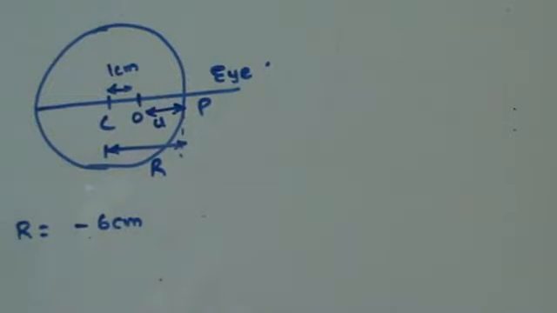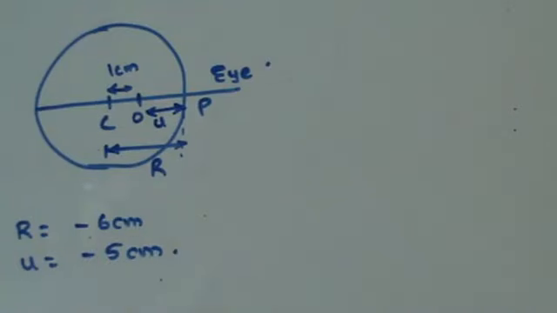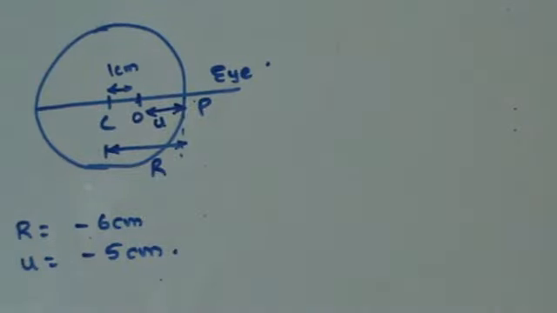Anything that is to the left is negative, anything that's to the right is positive. U is always negative, so U is going to be minus 5 centimeters. Do we understand how 5 centimeters? Radius is 6 centimeters, 1 centimeter away from the center. So between the surface of the sphere and this object is going to be at a distance of 5 centimeters. Right?